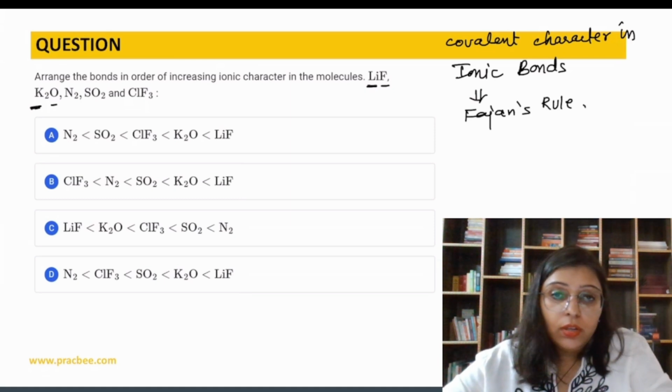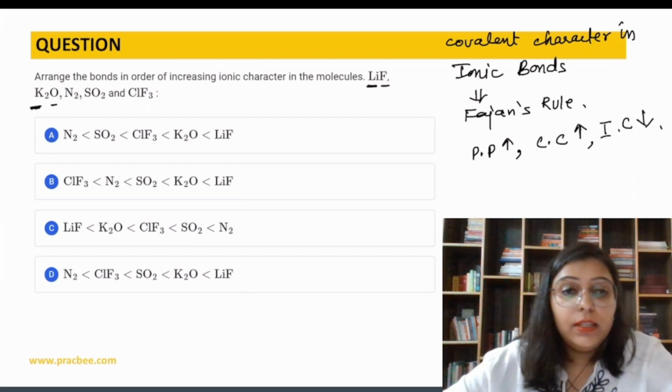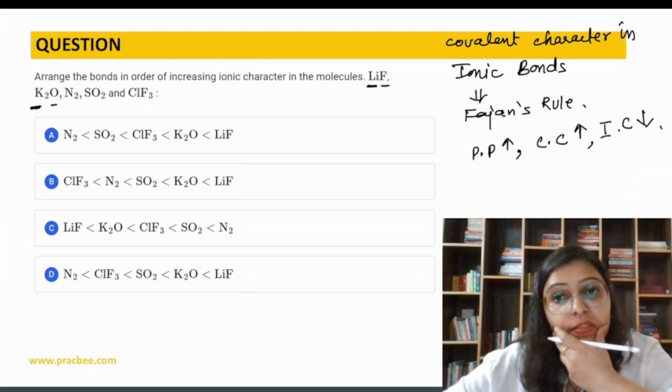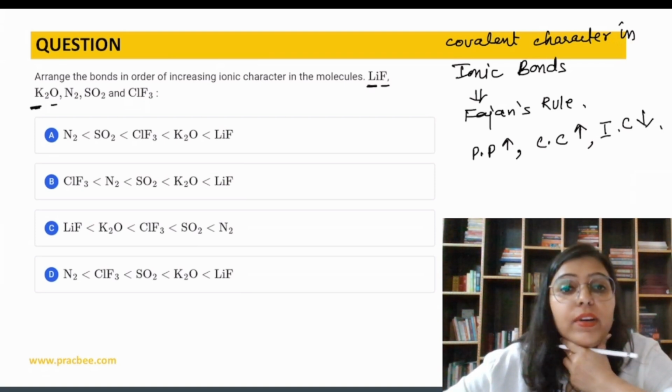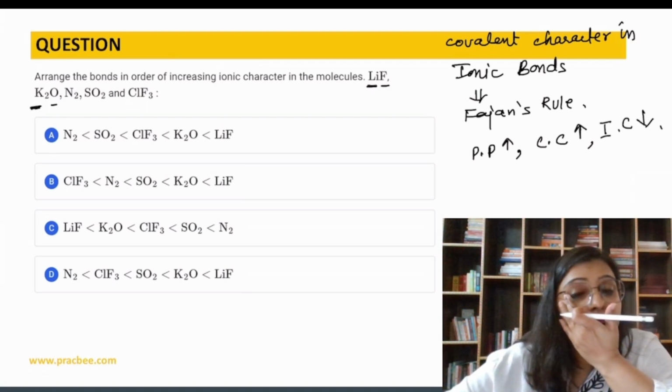In Fajan's rule, if the polarizing power is more, then covalent character is more. And if covalent character is more, then ionic character is less. So here can we apply Fajan's rule? Because we have to find out covalent character in ionic bonds, right? Here we cannot apply Fajan's rule.